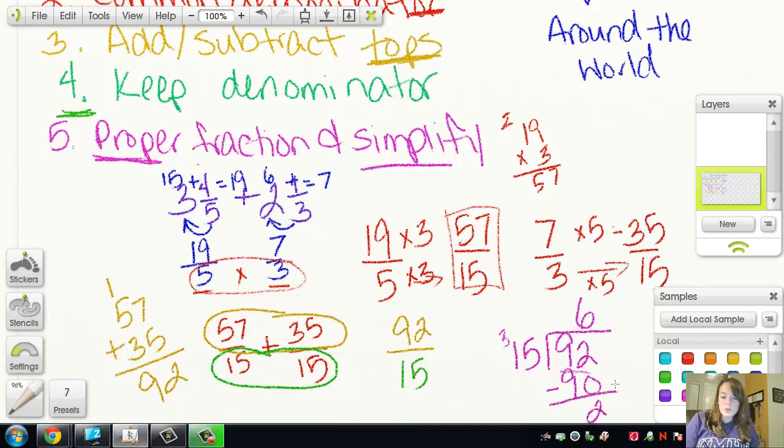So there's 2 left over, and this is where we stop. Once I've worked my whole number, I stop. So this leftover piece goes over the outside. So it's 2 over 15. So here my answer is 6 and 2/15.